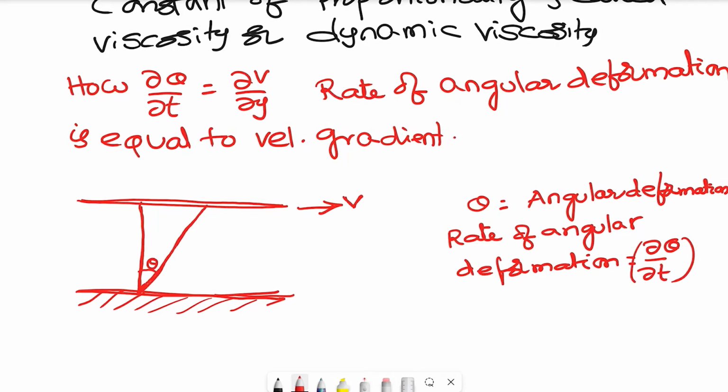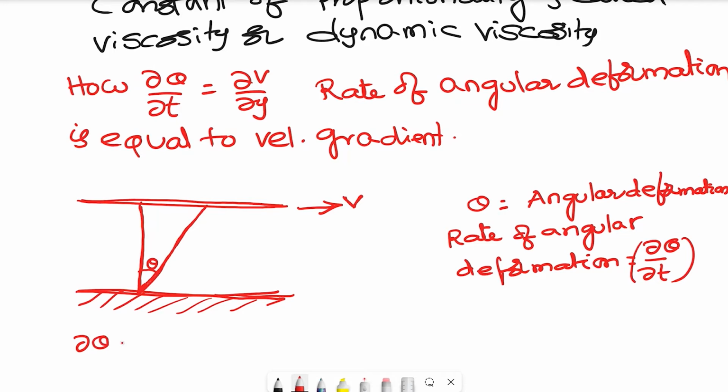It is ∂θ/∂t, or dθ/dt. So in normal terms, what can we write for ∂θ?